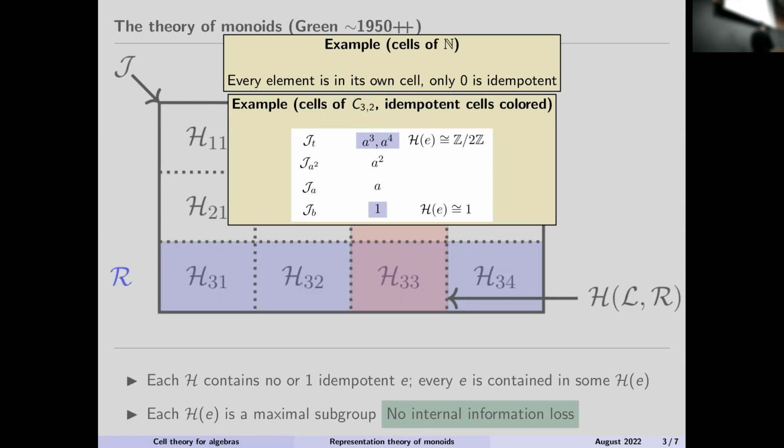So the cyclic monoid works as follows. The cyclic monoid starts, then A to the 5, how many do I have here? Right, and then one point to start cycling now.